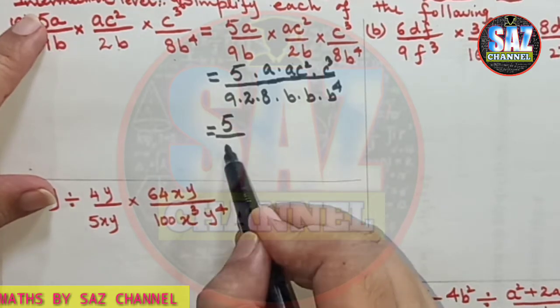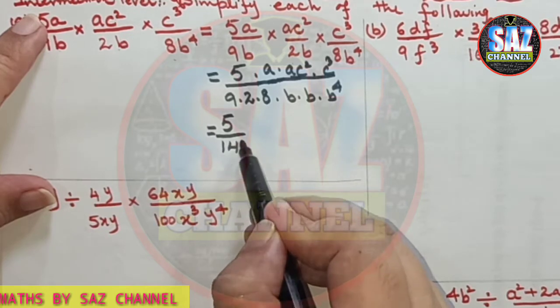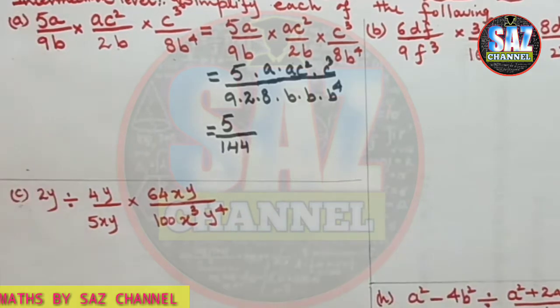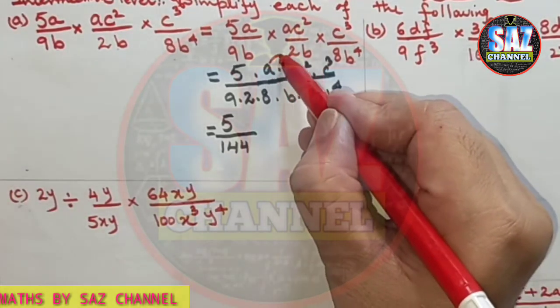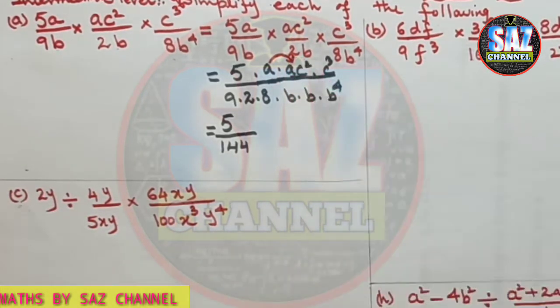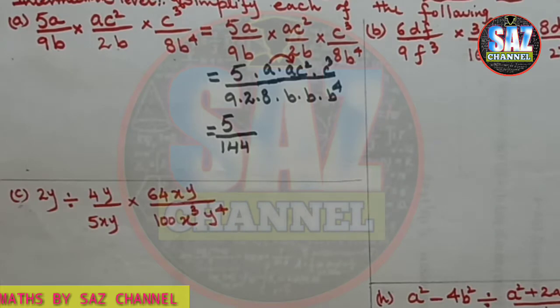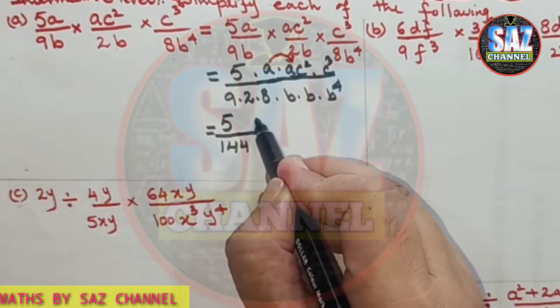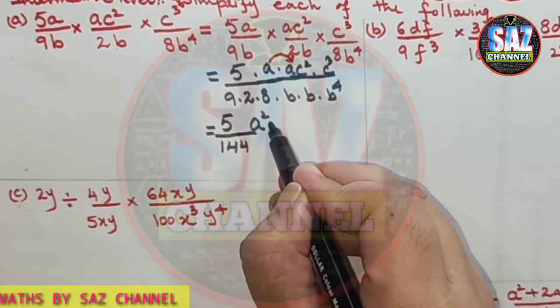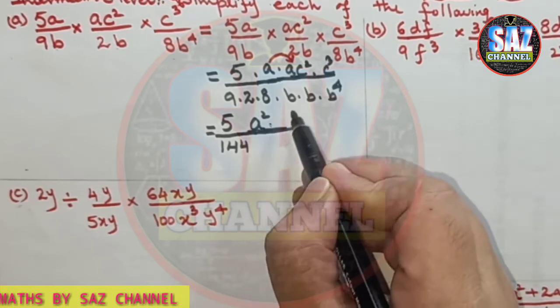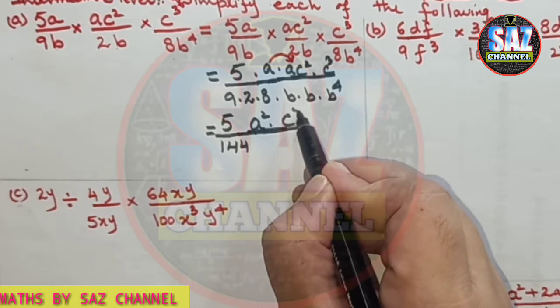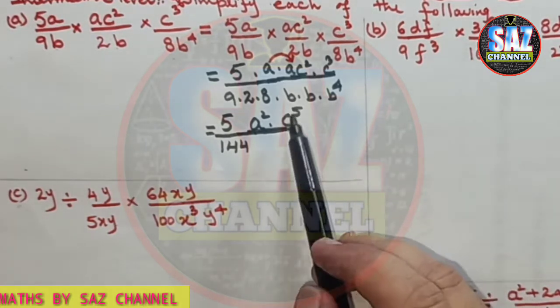Learn to make your calculations easier. Now 5 upon 144. If we look at a multiplied by a, we can apply the multiplication law of indices with same base, and it will become a square. c square multiplied by c cube will become c^(2+3), c to the power 5.